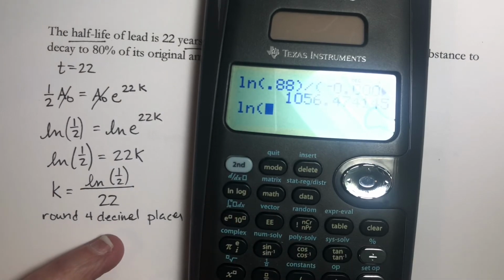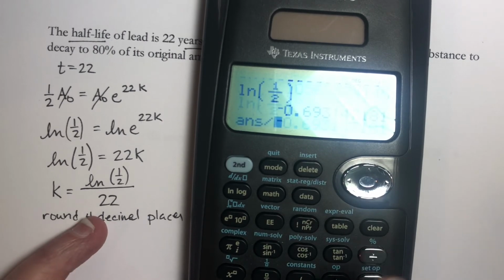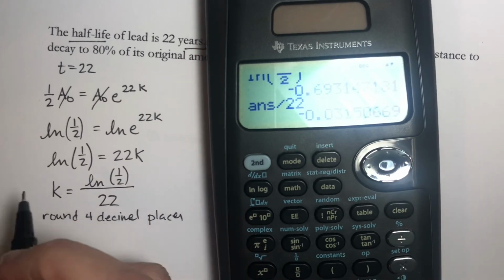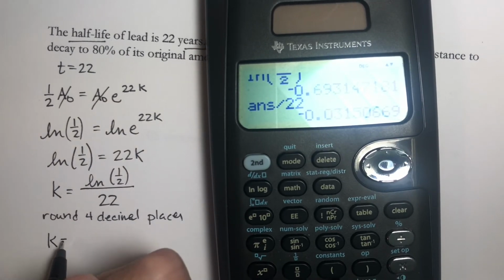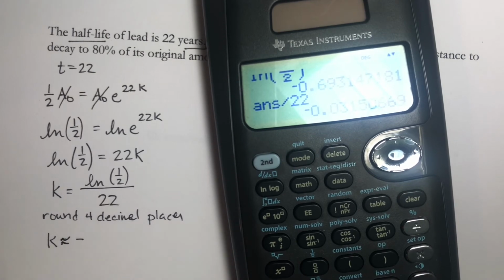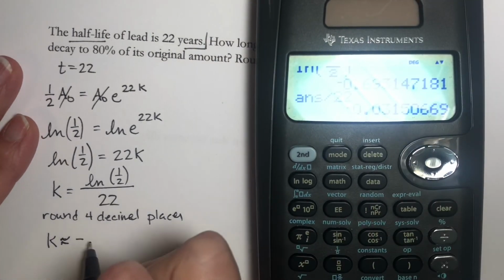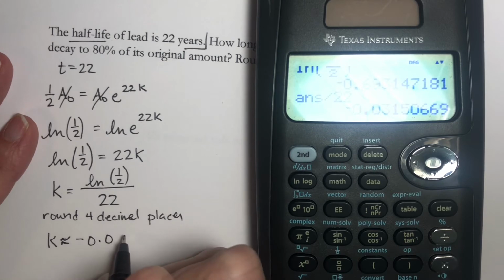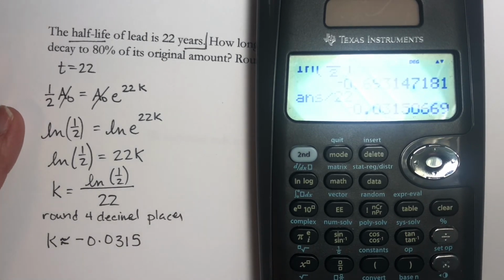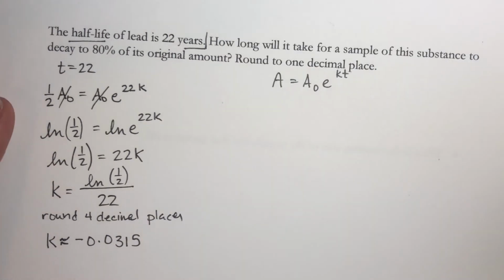Natural log of 1/2, and then divide that by 22. And so our k value, I expected it to be negative, and it is approximately 0.0315.